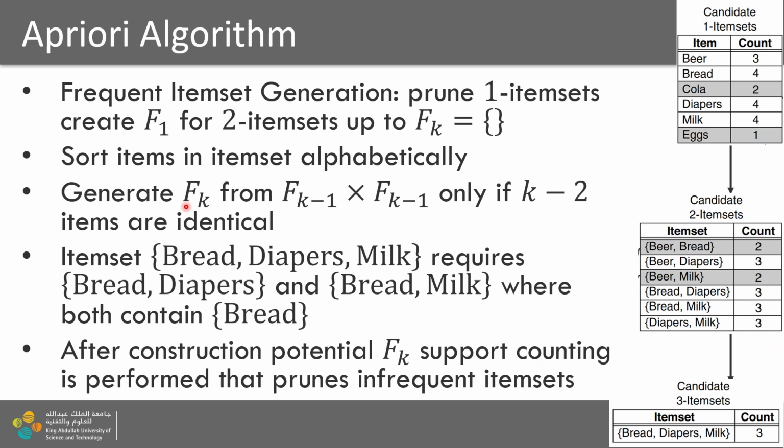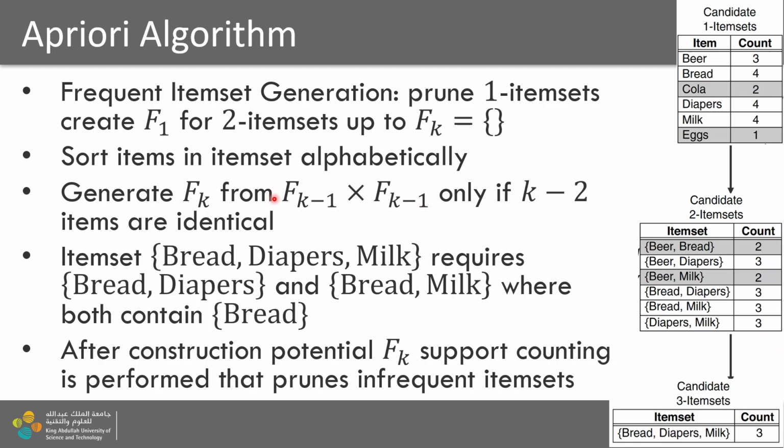So F_k is a set of k item sets. Here we had a set of 1 item sets, which were F1. So 2 item sets will be F2. We will be creating F2 from the F1 item sets which survived.